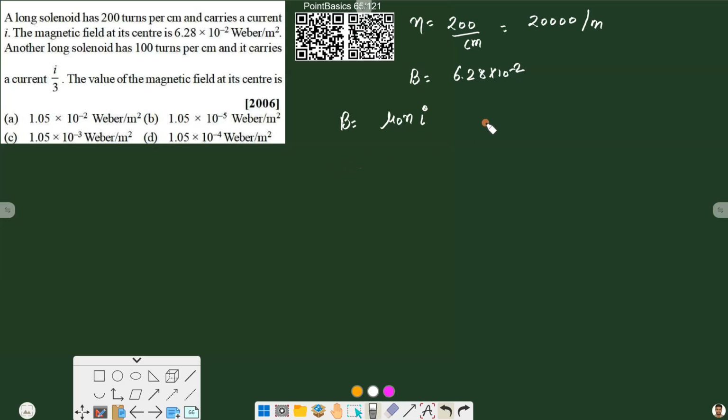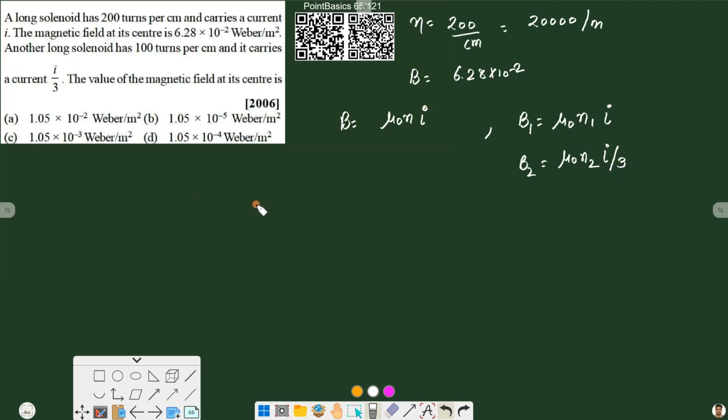Suppose we have the first solenoid, which has magnetic field B1, number of turns n1 and current I. And in the second solenoid we have B2, mu naught n2, I by 3, which is given to us, and the values of n1 and n2 are also given.